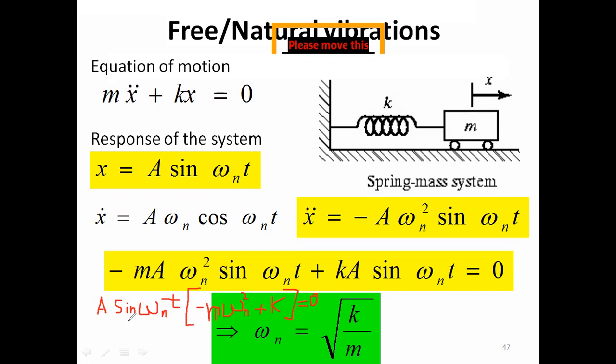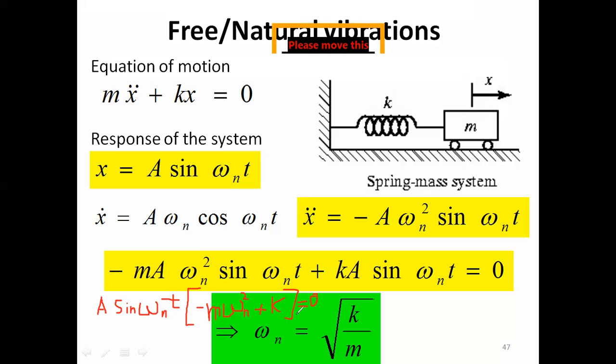So we have A sin(ωn t) times (−m ωn² + k) equal to 0. What does it mean? It means that either the quantity A sin(ωn t) is equal to 0, or −m ωn² + k is equal to 0, at all times during vibration.